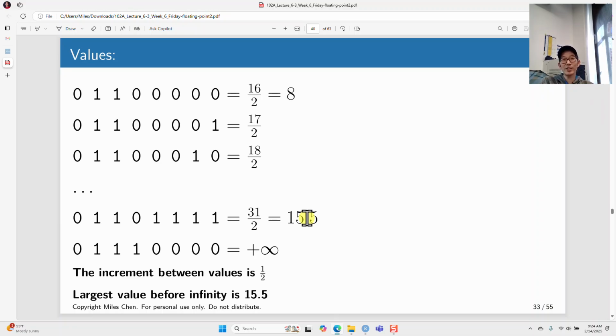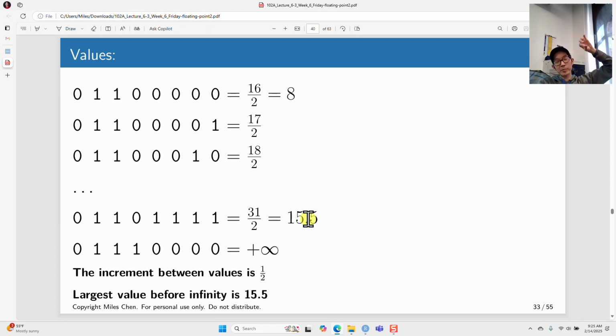After 15.5, any number bigger than that is considered to be infinity. The same limitations exist in double precision floating point. It's just that the upper limit that's not infinity is a much bigger number.